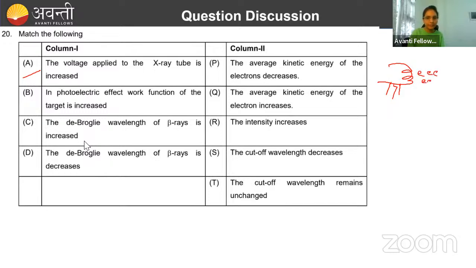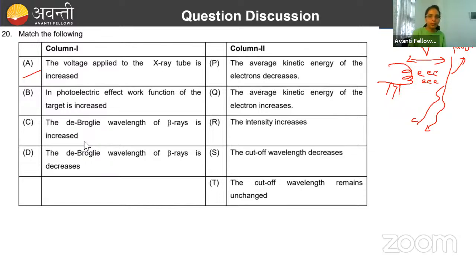The electrons were getting accelerated by a certain voltage and then falling on the target surface. After the electrons hit it, an electromagnetic wave was getting generated. That was happening inside the X-ray tube, right?